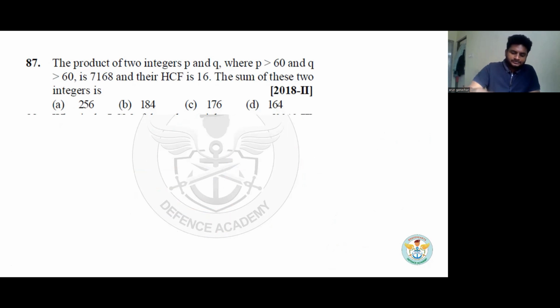Try this one. We had a very similar question in 2022. I did not get the question today, but I remember it was very similar to this. So try it.